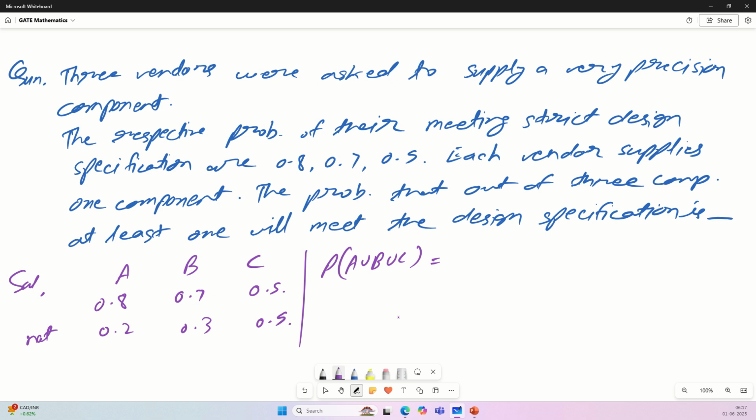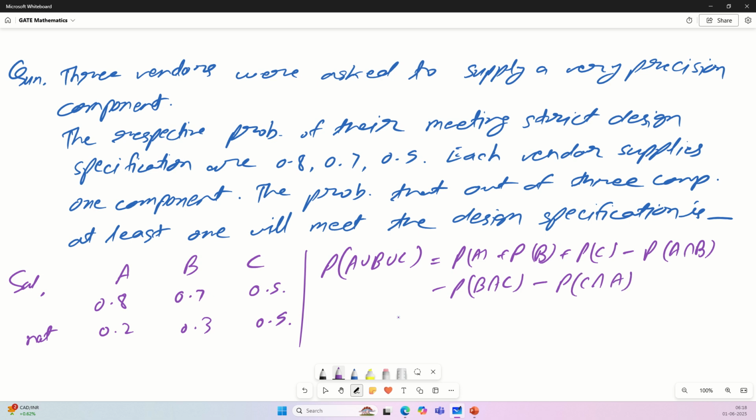So for that, can we do one thing? Probability of A union B union C is equal to, what is the relation? Probability of A plus probability of B plus probability of C minus probability of A intersection B minus probability of B intersection C minus probability of C intersection A plus probability of A intersection B intersection C. Understood?